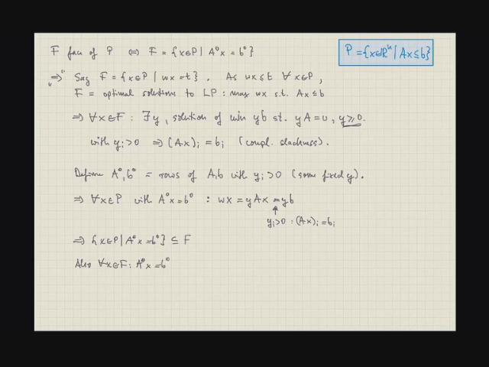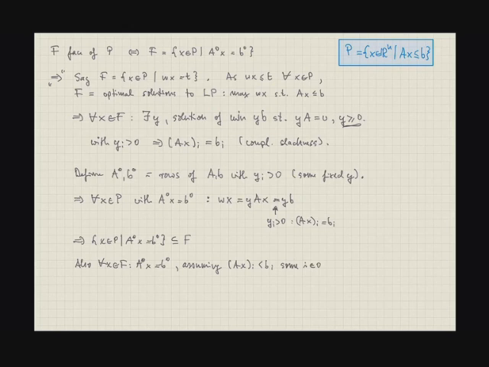For assume this would not be the case, so let's assume that there would be some index where this is not true. So Ax i is strictly smaller than bi for some index i from the chosen indices.